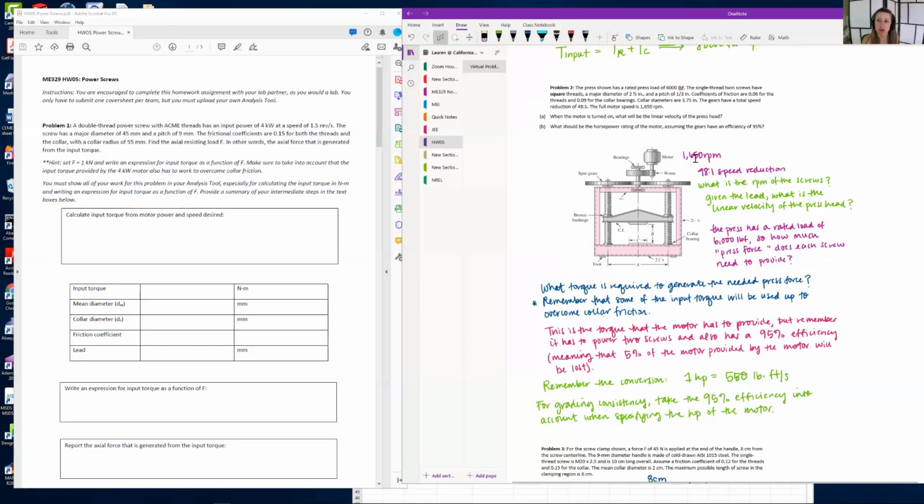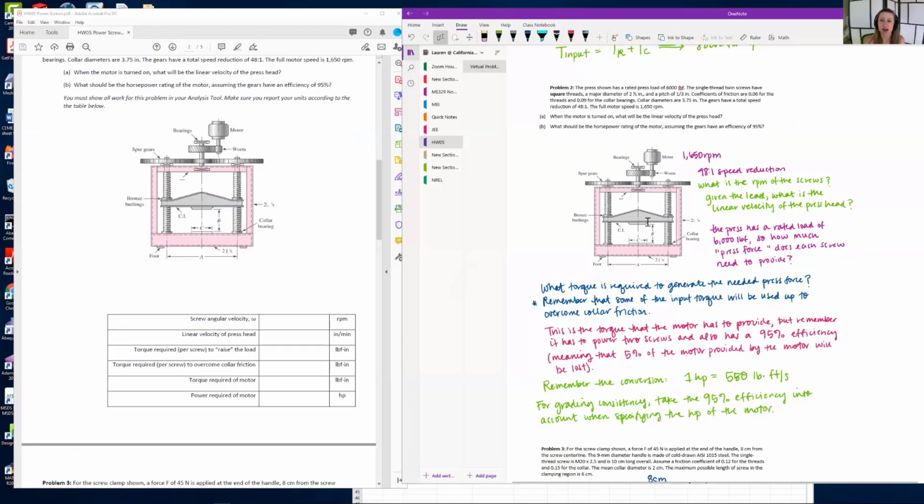Starting from the top, we have 1,650 RPM and a 48 to 1 speed reduction. From that, you can figure out the RPM of the screws. Then given the lead, what is the linear velocity of the press head? Next, since you have a rated press load of 6,000 pounds, how much pressing force does each screw need to provide?